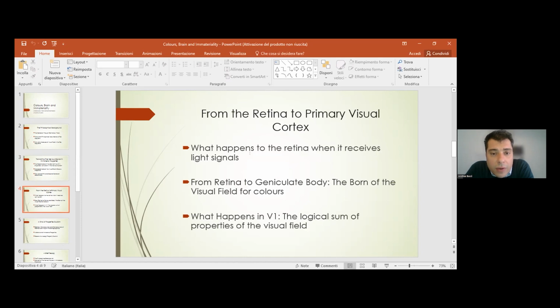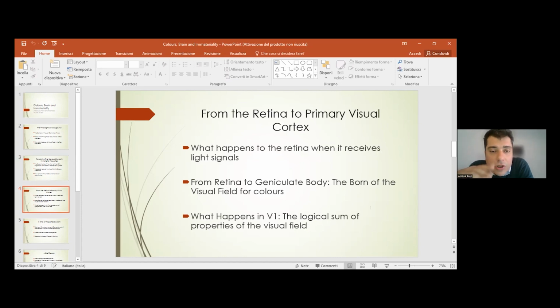If we think about what happens to the retina when it receives a light signal, there are modifications that can be traced to the lateral geniculate body and to V1. What happens is the logical sum of properties of the visual field.